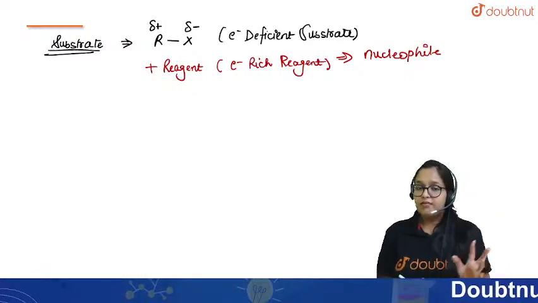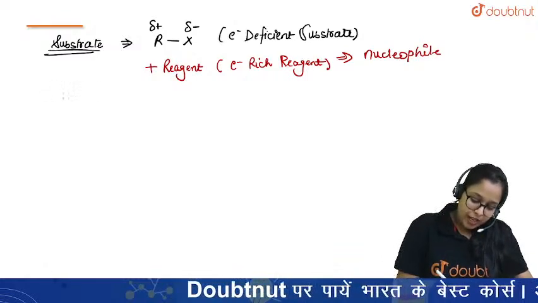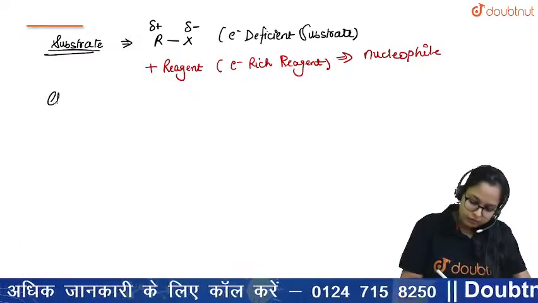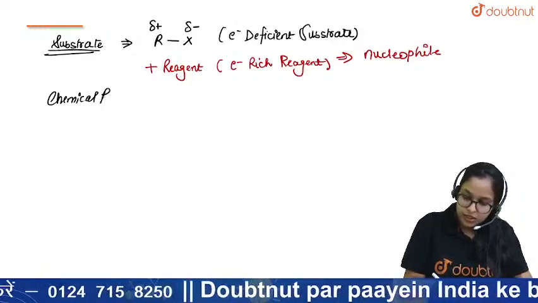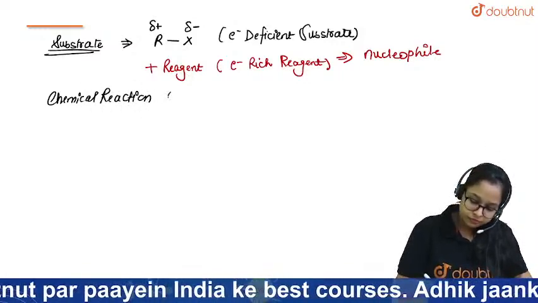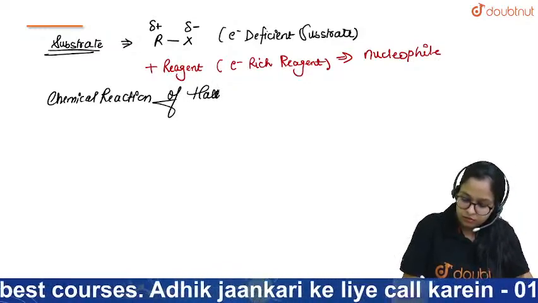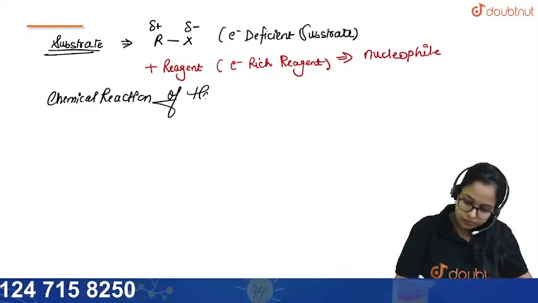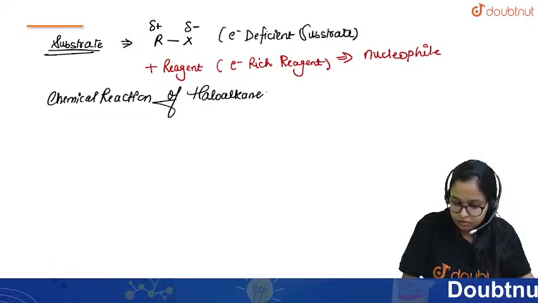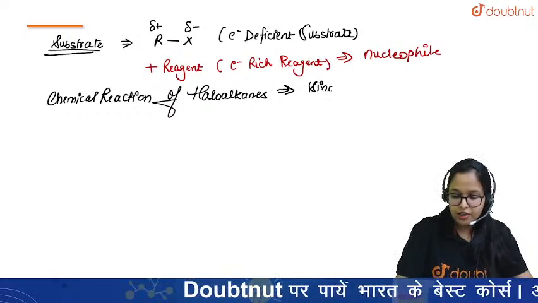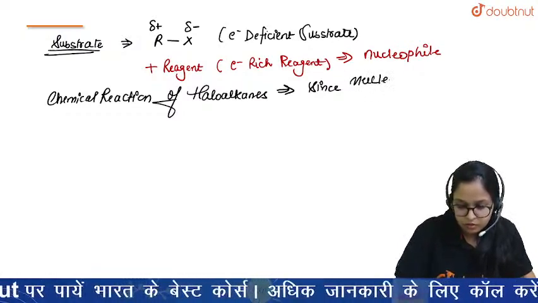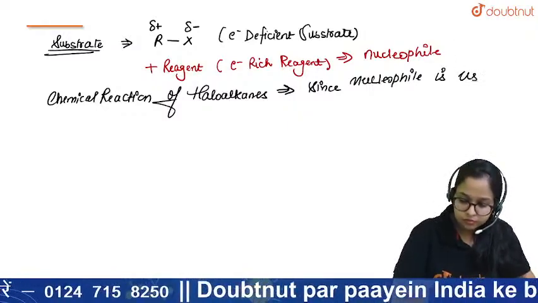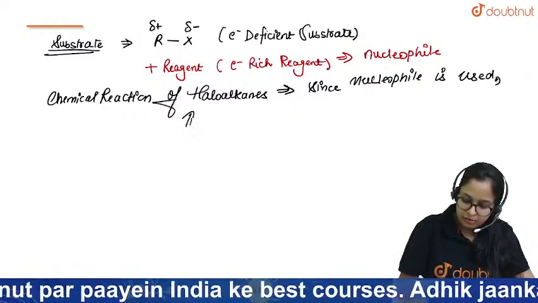So by this, whatever we have learned, we have understood that in chemical reactions of haloalkanes, since a nucleophile is used, the reaction type will be nucleophilic reaction.